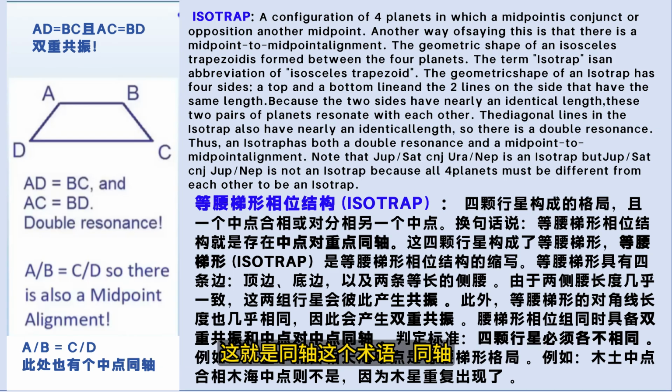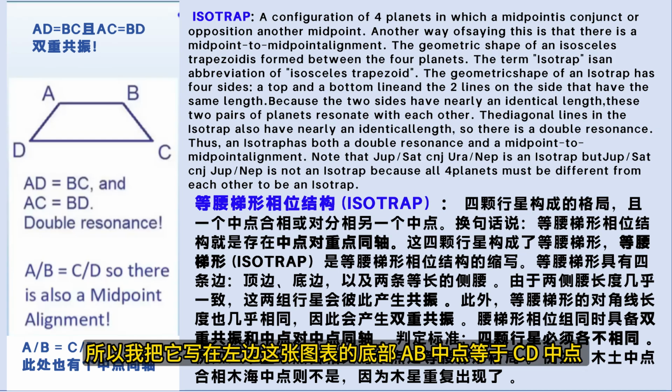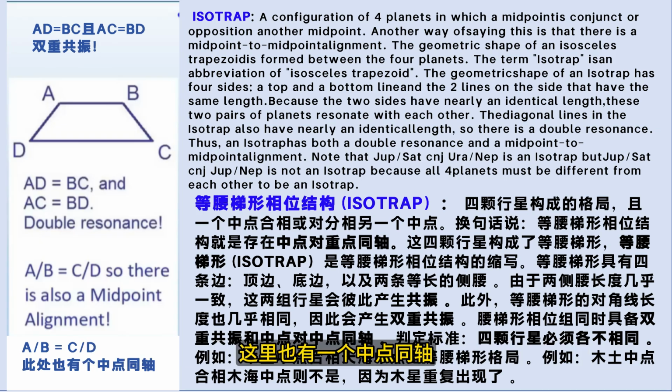There is that word, alignment. So here I've written it at the bottom of this diagram on the left side. The AB midpoint equals the CD midpoint, so there is also a midpoint alignment.